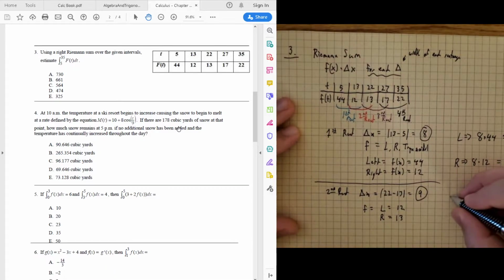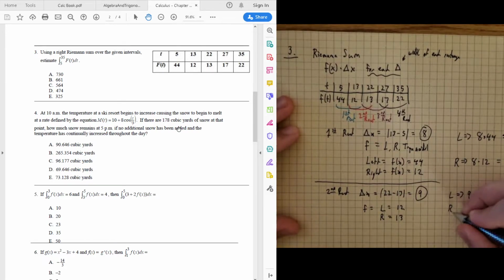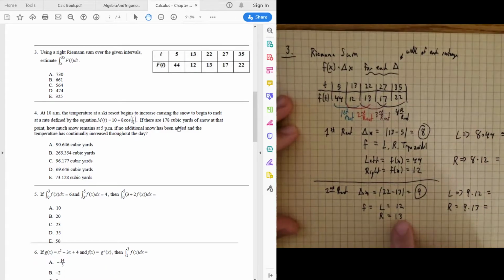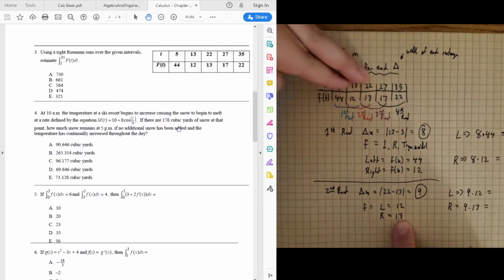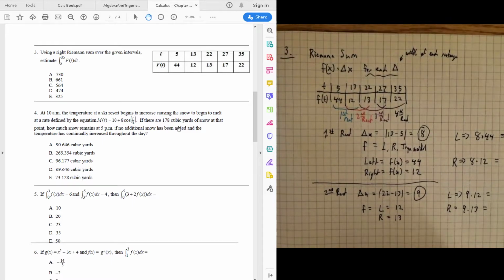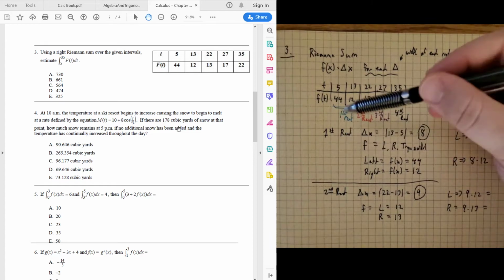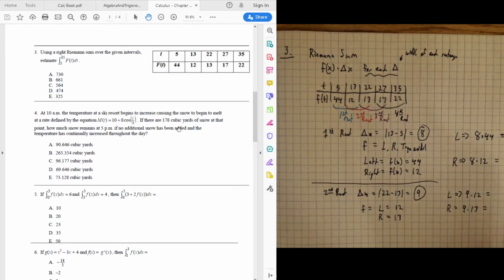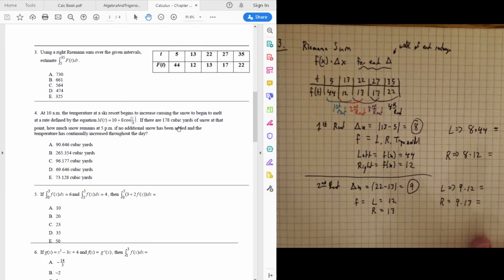For this one, if we said find the left Riemann sum, we would take 9 times 12 and get an answer. If we said the right one, we would do 9 times 13 because it is the right value of the 2 for the second rectangle. Now, if the question says find the Riemann sum for the entire distance, we got to do this for all 4 rectangles. And so there are your components to find number 3.